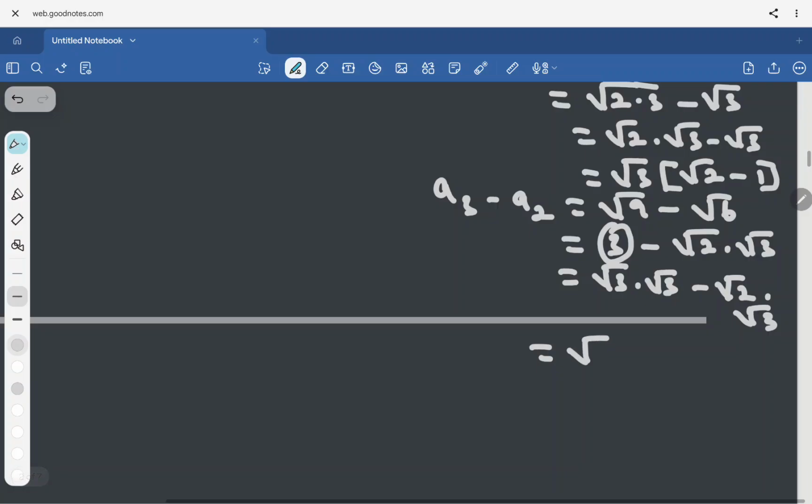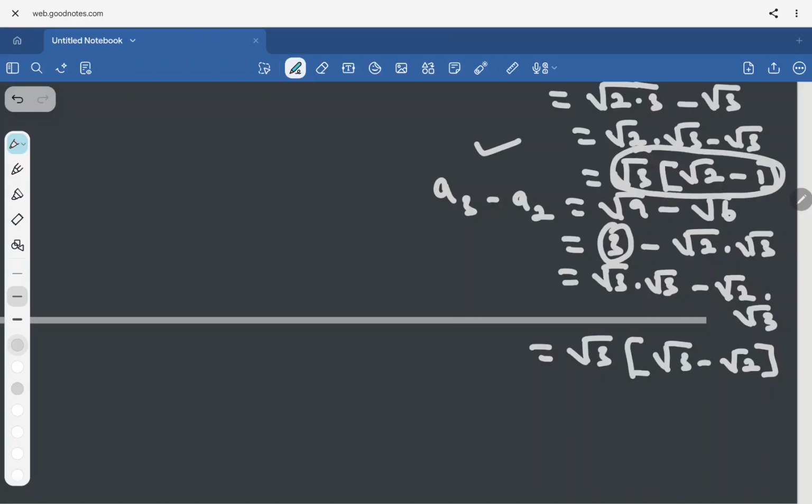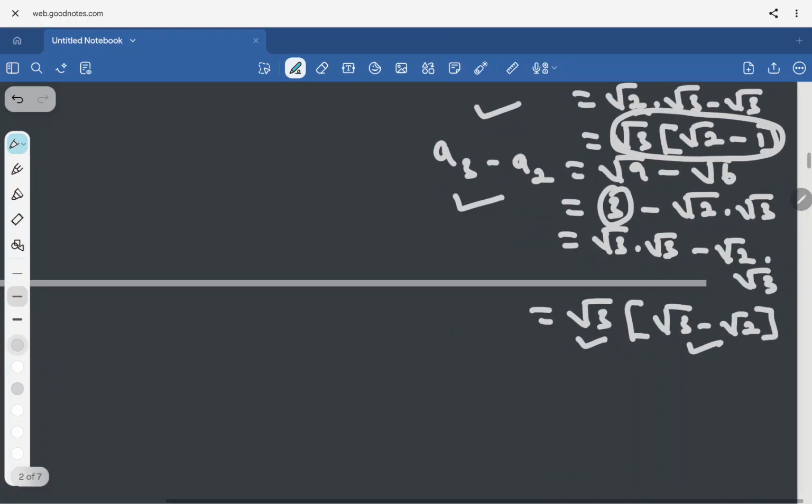Take root 3 outside, root 3 minus root 2. See here root 3 into root 2 minus 1 for a2 minus a1, but a3 minus a2 we are getting root 3 into root 3 minus root 2. Here common difference is not same, is not equal, therefore it does not form an AP.